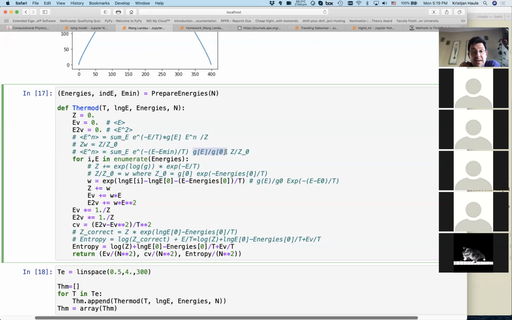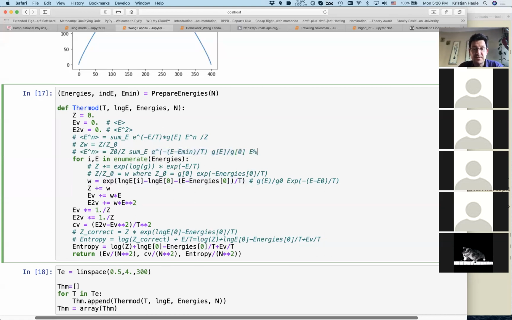Okay, and then we need to divide the entire thing by 1 over Z, by the exact Z actually. Okay, by the exact Z. No, but this was actually correct. We need to multiply by Z naught because this thing is divided by Z naught. So therefore, the Z naught here and the Z naught in the exponents inside the sum will cancel. So now this W here is exactly this. But actually this is wrong.